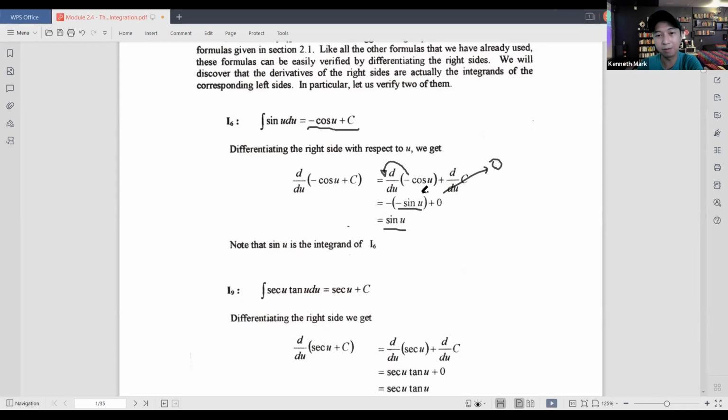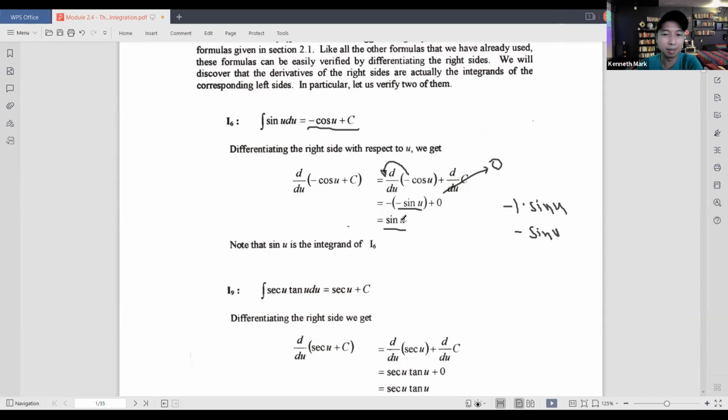Okay, so derivative of cosine u is negative sine u. Okay, so yung negative dito, nilabas natin because it's just equal to negative 1 times sine u. Or this is basically as negative sine u. Yeah.